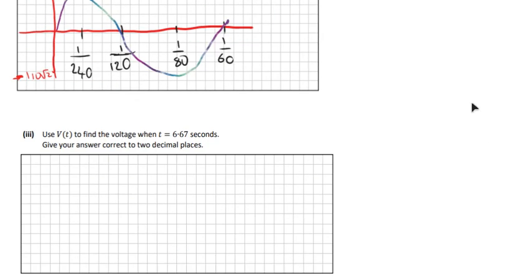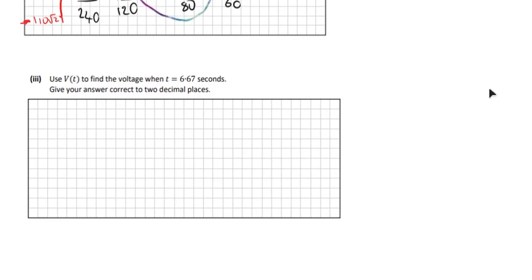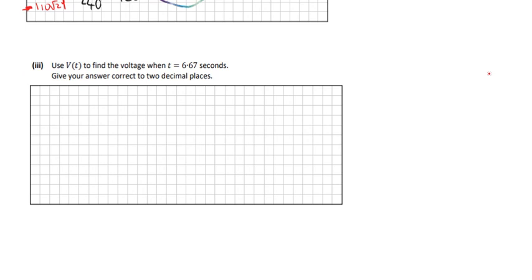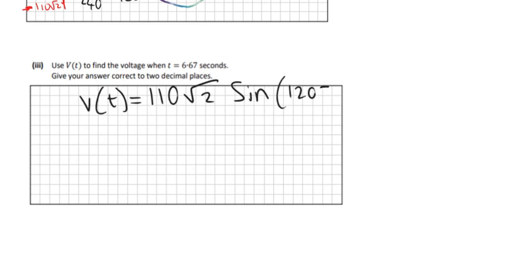Right, so third part. Use V of t to find the voltage when t is 6.67 seconds. Alright, so this is very simple. This is just substituting into the formula that was given above. V of t is 110 root 2 sin of 120 pi t. So all we're going to do is put the 6.67 in there instead of t.